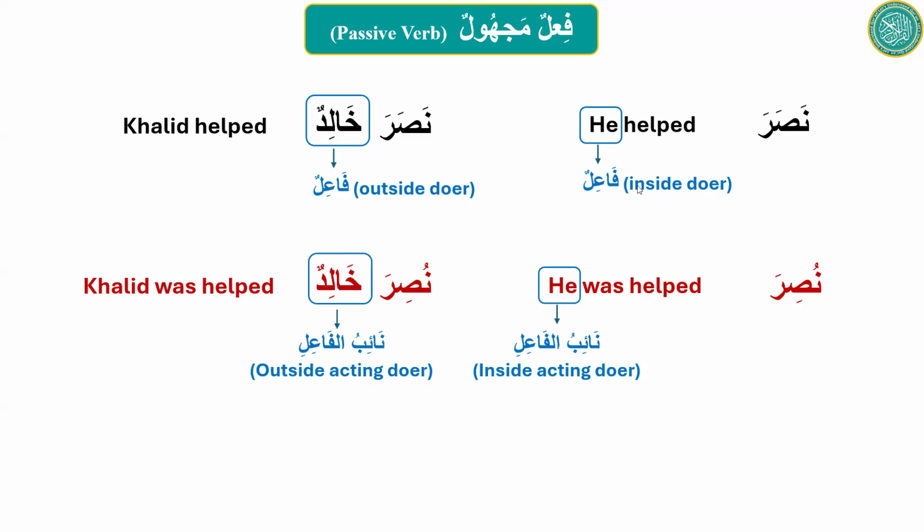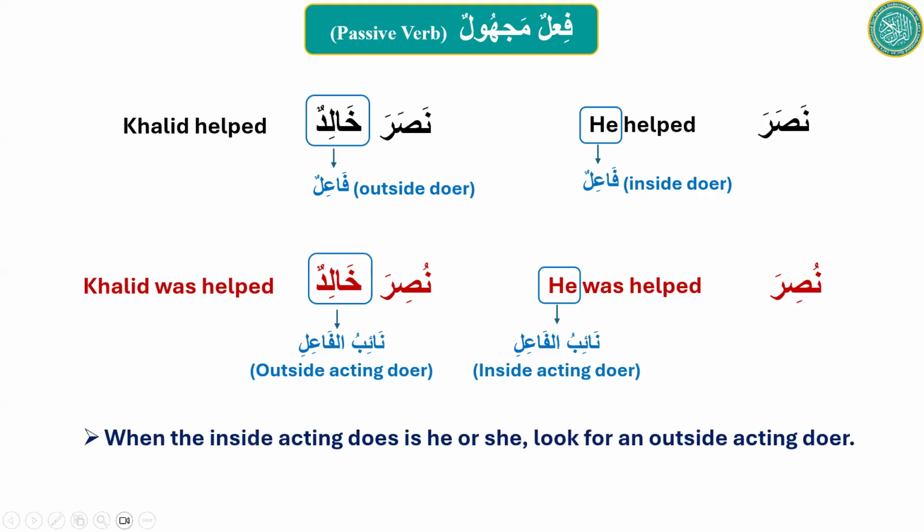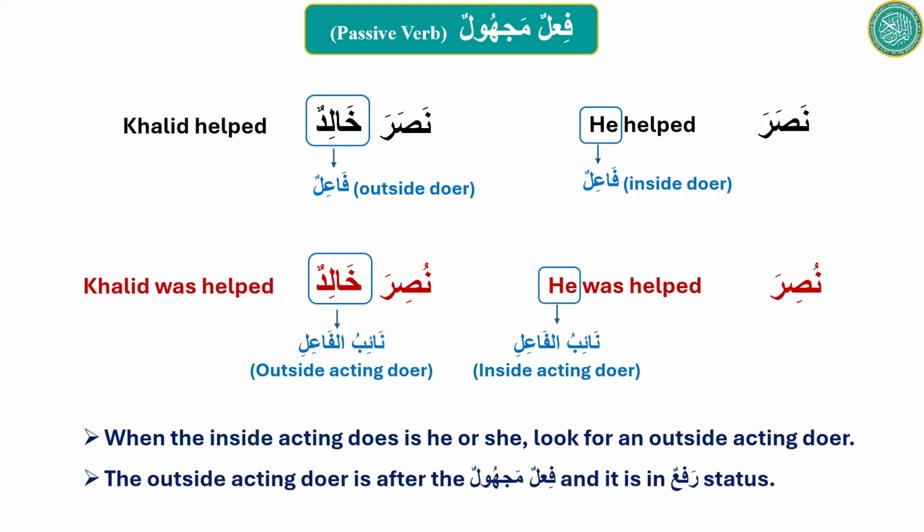So you see, it is not a doer, it is an acting doer. It acts very much like a doer itself. It is following the rules that we had for the real doer. So when the inside acting doer is he or she, we should look for an outside acting doer. And the outside acting doer is after the fa'il majhul and it is in rafa status.